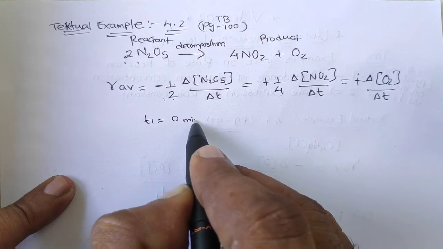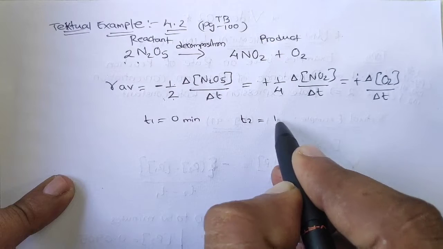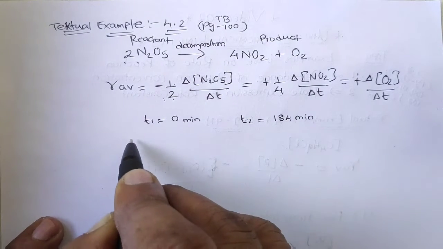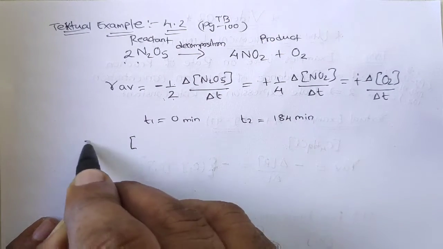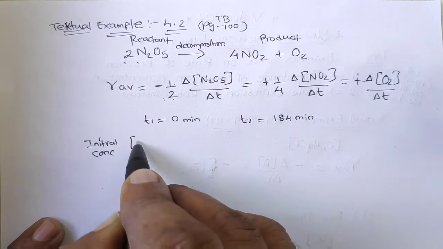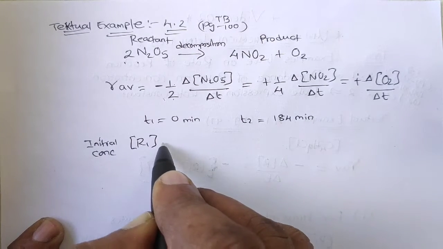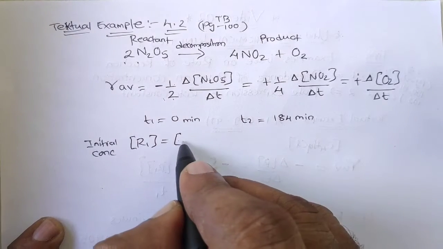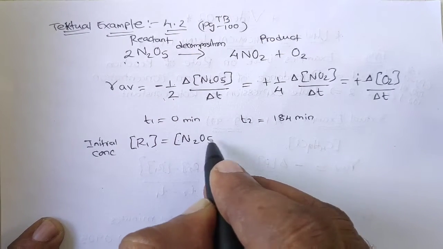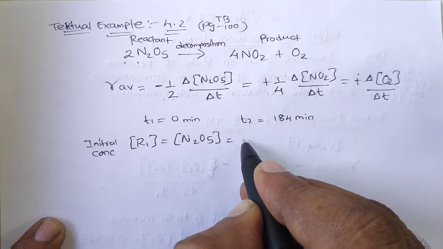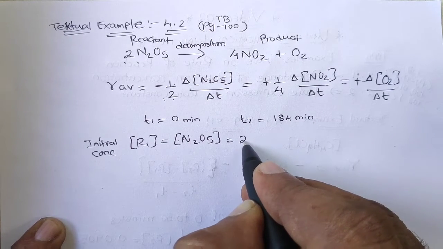Now in this case when you see the time, T1 is 0 seconds or 0 minutes I will say. And when we talk about T2, it is 184 minutes, right? When we talk about the initial concentration, that is R1, it is equal to the concentration of N2O5, which you can see in your book was given as 2.33, right?